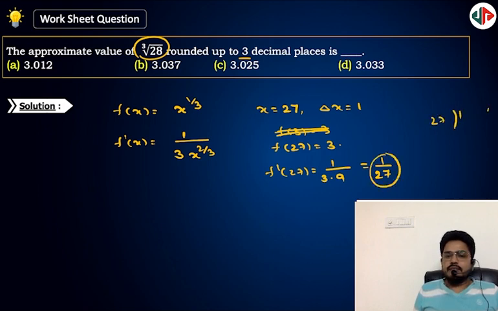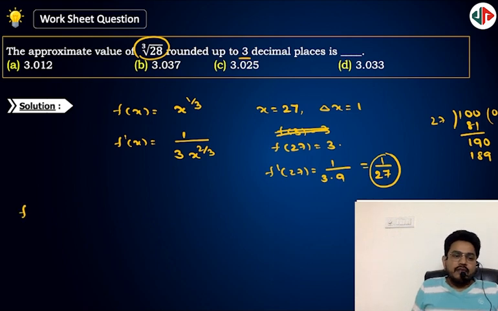1 by 27 is 0.037. 27 threes are 81, this value will be 19, 0, 7 sevens are 49, 189. So f of x plus delta x is equal to f of x plus delta x into f dash of x.